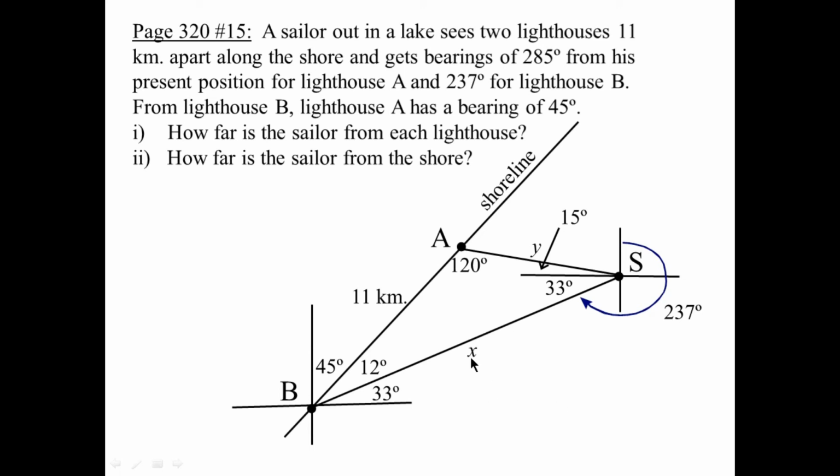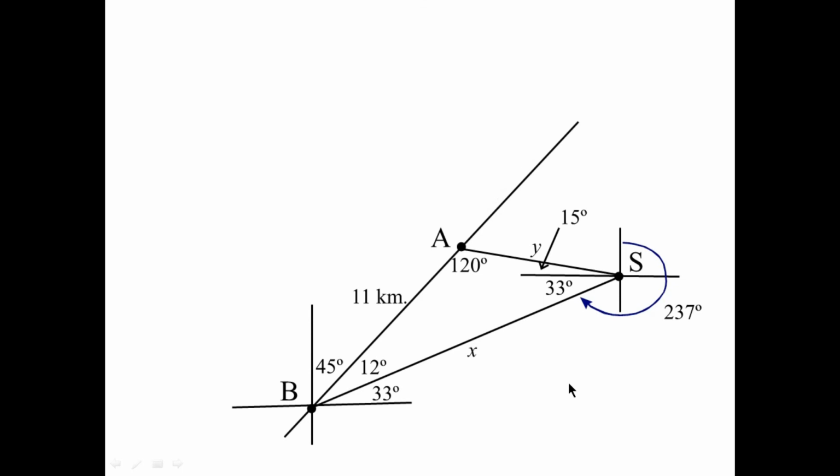Now let's do it. It'll be X over sine 120 equals 11 over sine 48, and it will be Y over sine 12 equals X over sine 120. Let's do those. Y over sine 12 equals 11 over sine of this entire angle, 48.